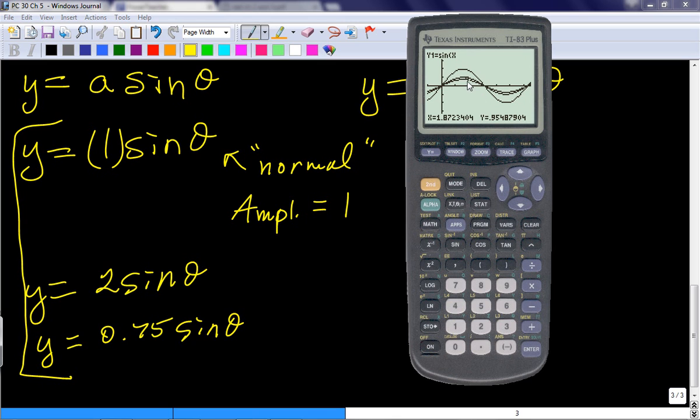Again, a bit tricky to see maybe, but here I'm on y equals sine x. And if I hit the up arrow, I go to the next function that I've put into the calculator, which is 0.75. And then up again, I'm at 2 sine x. And so you can see which graph is which that way.